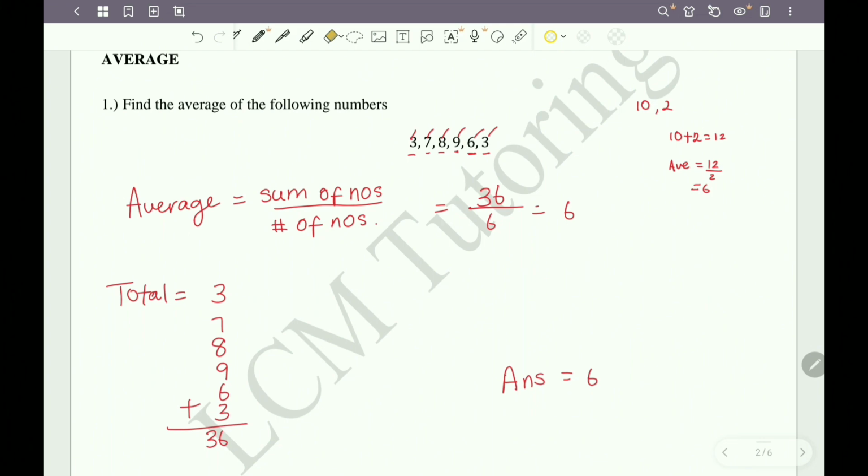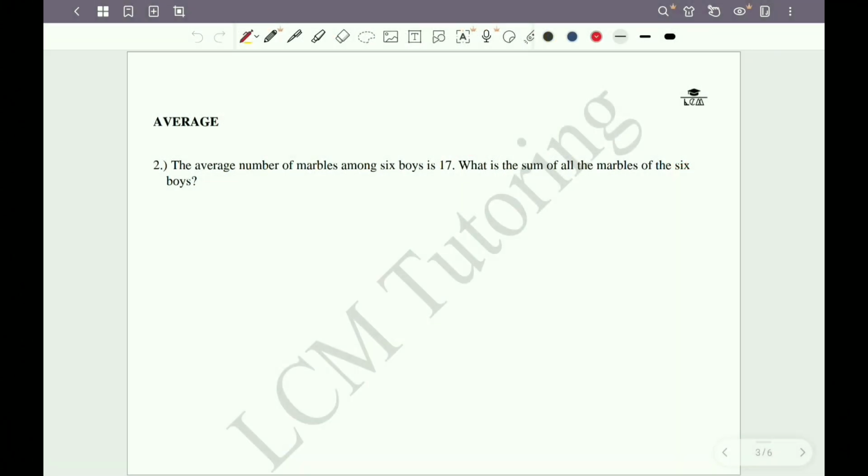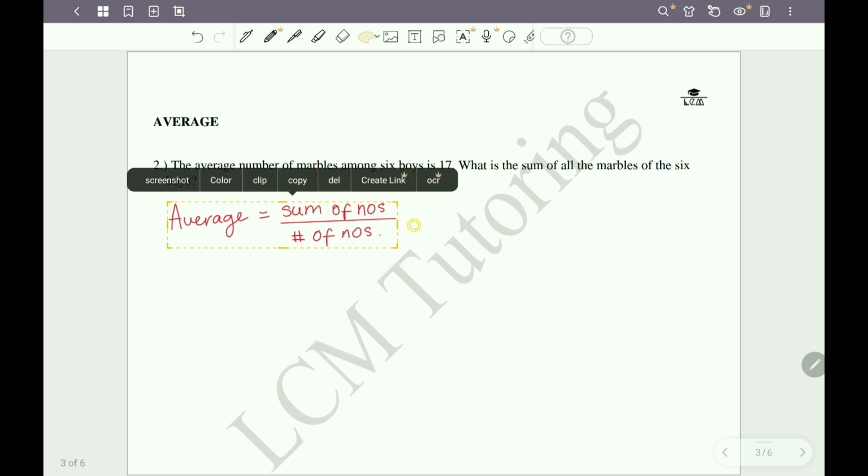So now that we know how to find average, let us move on to question 2. Question 2 says, the average number of marbles among 6 boys is 17. What is the sum of all the marbles of the 6 boys? So let me just remind you of the average formula, and then I will introduce how to find the sum.